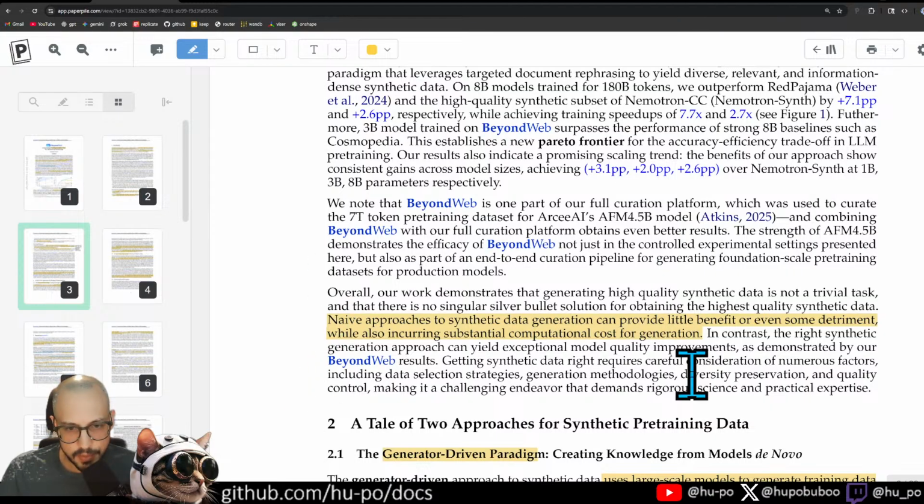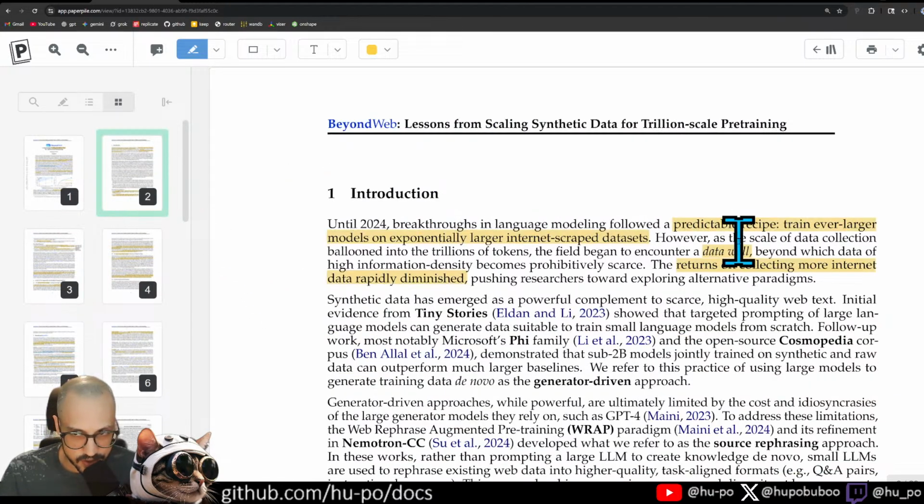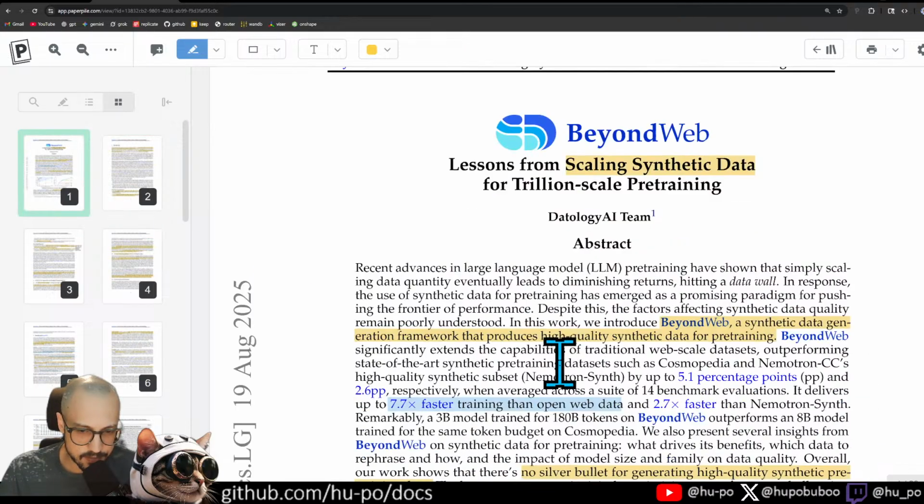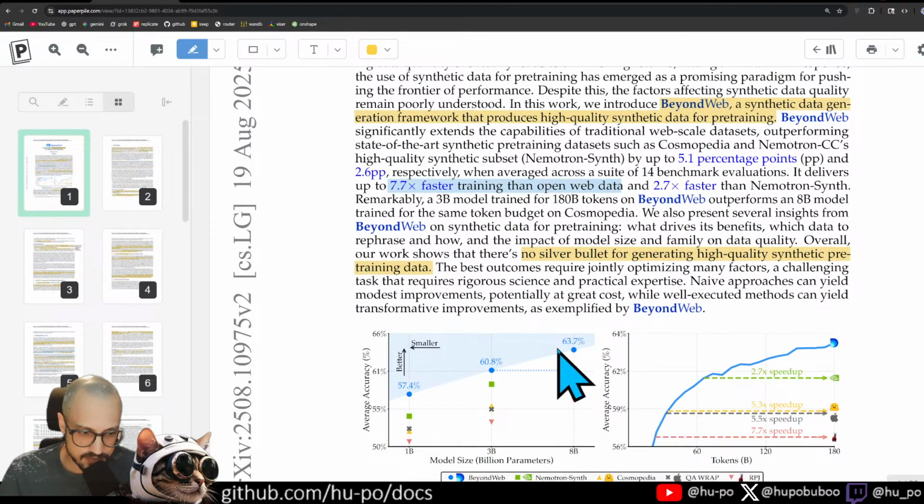Okay. Naive approaches to synthetic data generation can provide little benefit or even some detriment while also incurring substantial computational cost for generation. Okay. So the internet, there's some cost to that, where you usually have to pay humans to go out and write a web scraper and then actually scrape it and then go through and determine the quality of that.